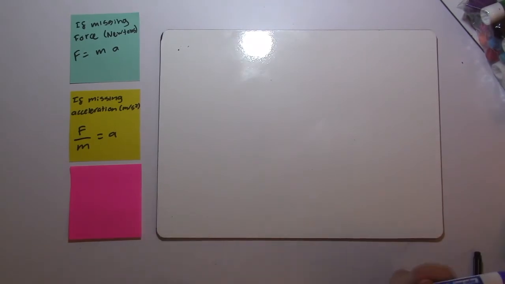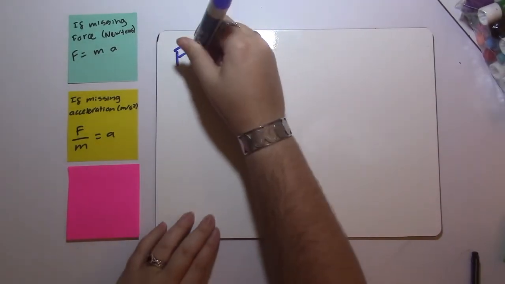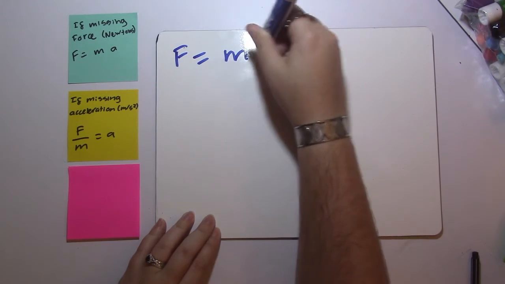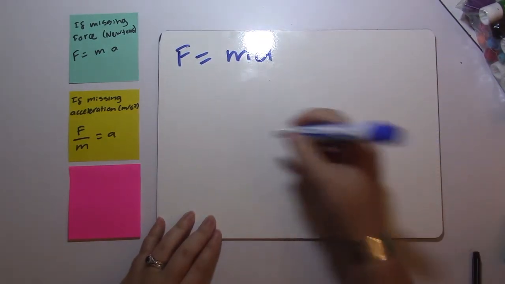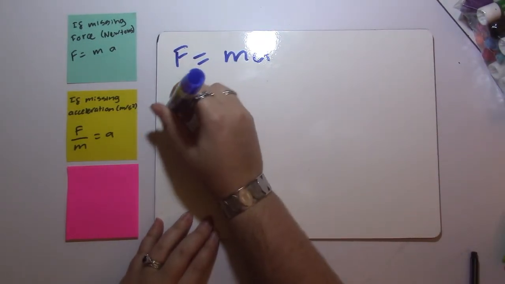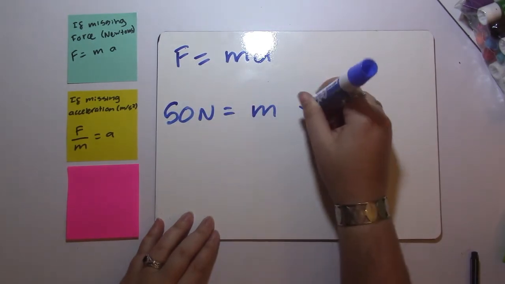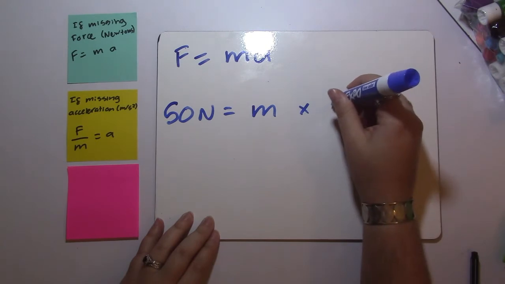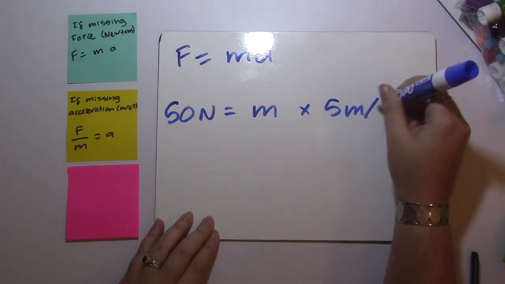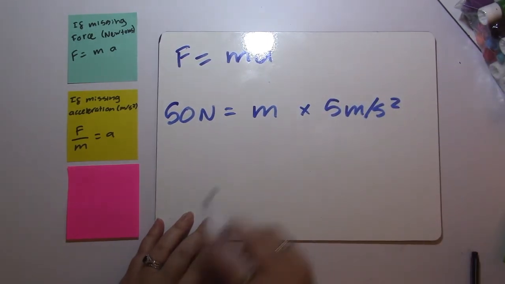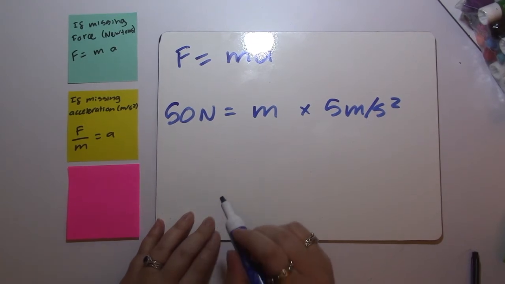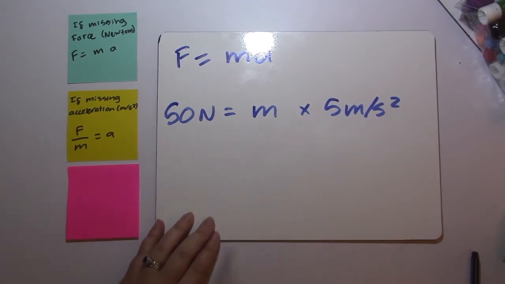Now let's say we're missing mass. Let's try it first with our normal base equation, F equals ma. Our force is 50 newtons. We don't know m, and it is times 5 meters per second squared. Now we're missing m, and we want to have m by itself on one side of the equal sign.